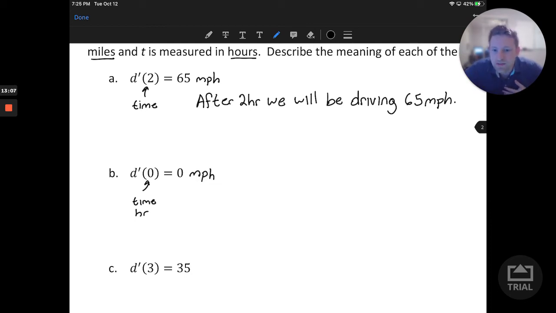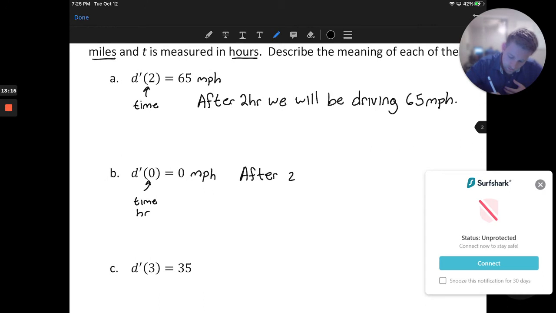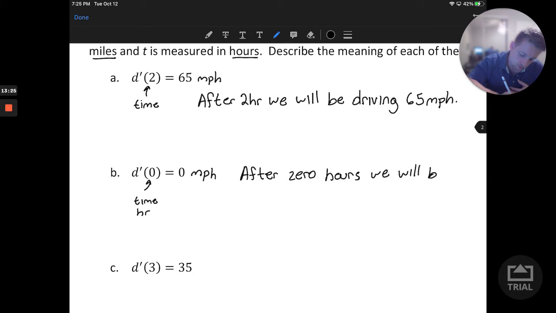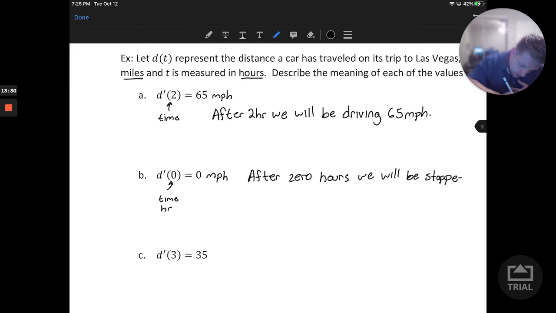This is saying after 0 hours, in other words, we're sitting in our driveway, we will be stopped, or going 0 miles per hour. So that would make sense: if we haven't gone anywhere, we're going 0 miles per hour when we eventually start at time 0.